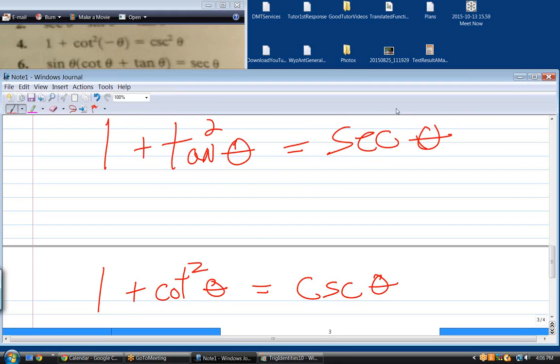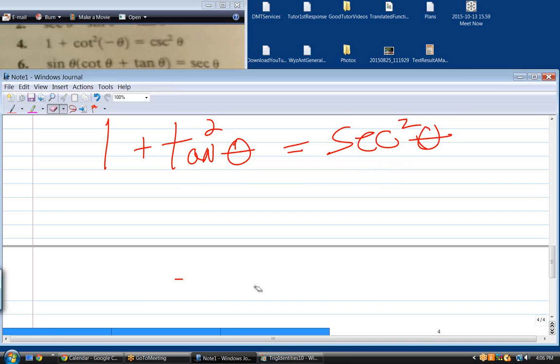That's the only one you have to memorize, because the third one is merely the cofunction of that and the cofunction of that. In other words, cotangent is the cofunction of tangent, and cosecant is the cofunction of secant. So as long as you have the second one memorized, you can always figure out the third one.